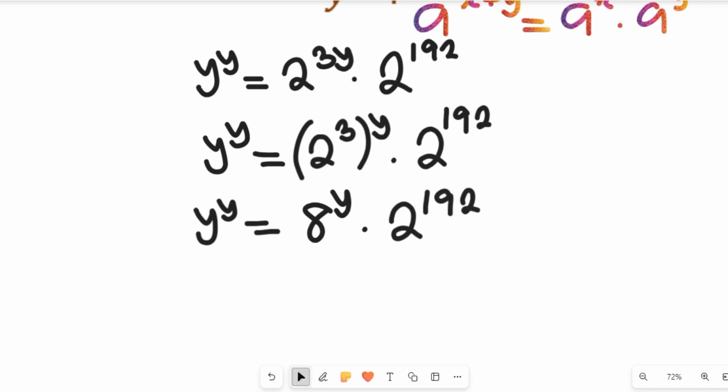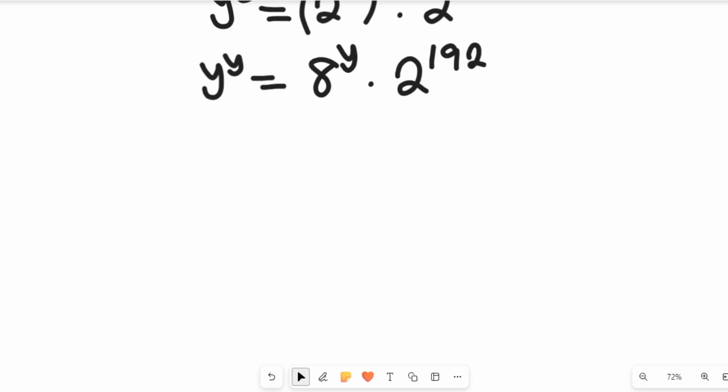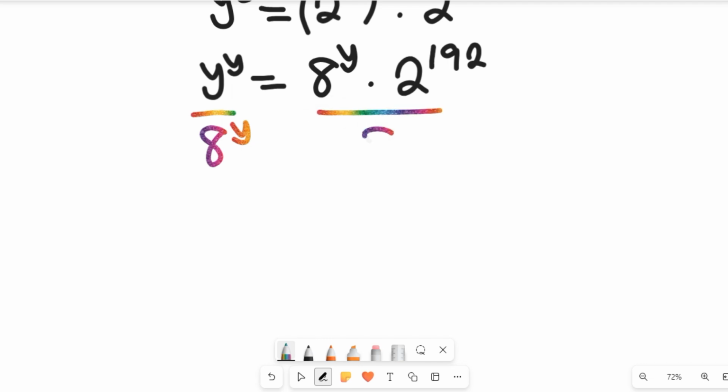Now, there are several ways in which we can continue to solve this equation, but the best way I want us to solve it is through this method. Let's divide both sides by 8 to the power of y. The reason I'm doing this is to clear the powers of y from the right hand side.